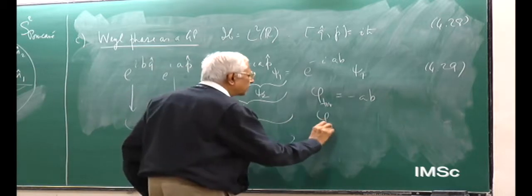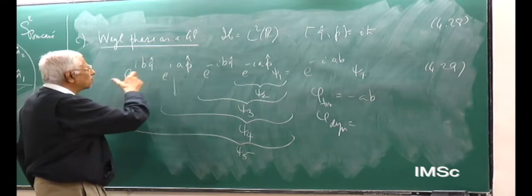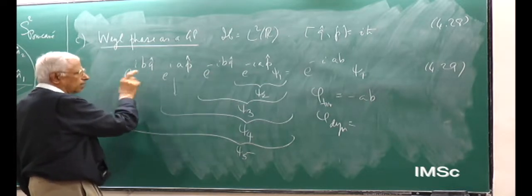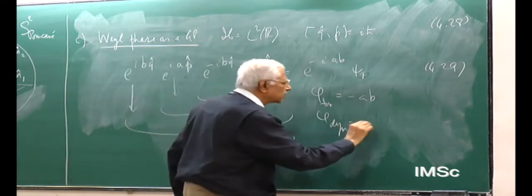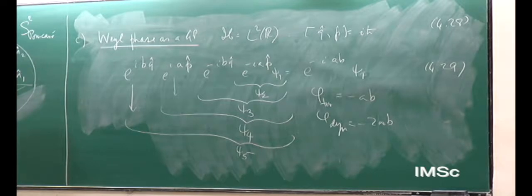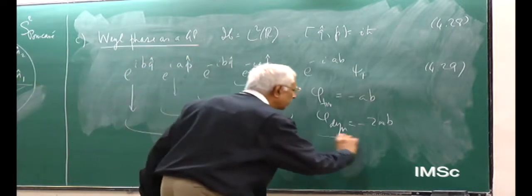And then you can calculate the dynamical phase. It will be contribution of 4 parts from this evolution, then from this, then from this, then from that. And when you do all the calculation, it turns out, and this I leave as an elementary exercise, the dynamical phase is minus 2AB.